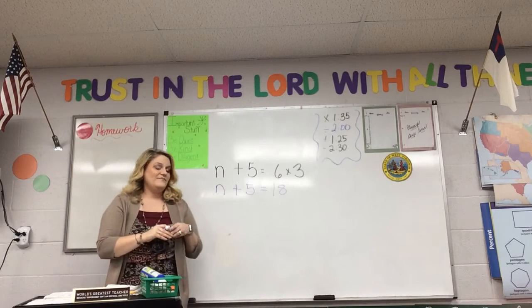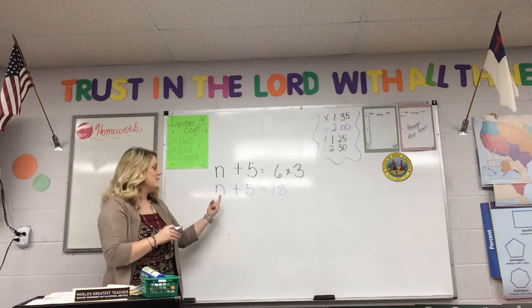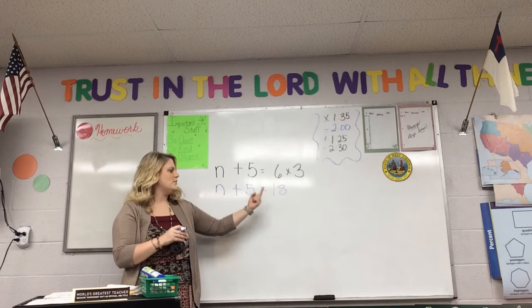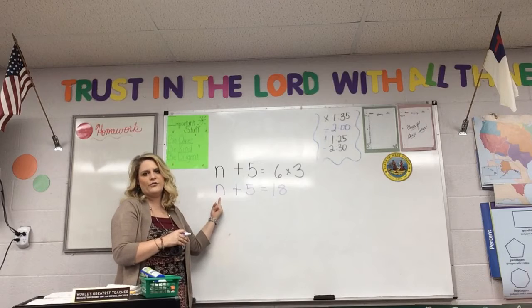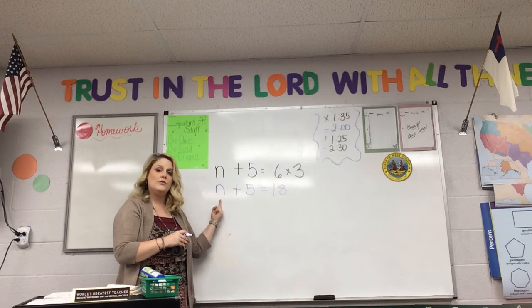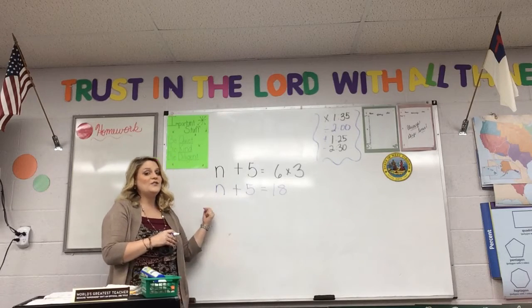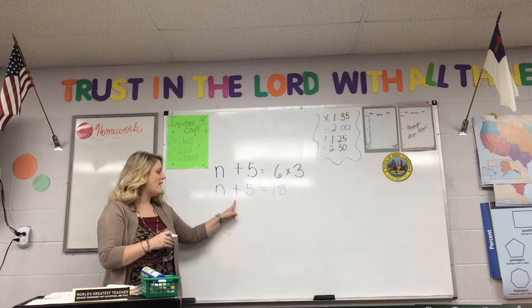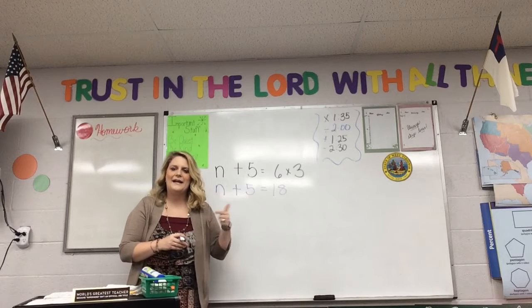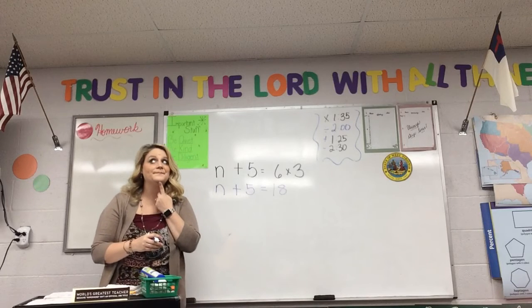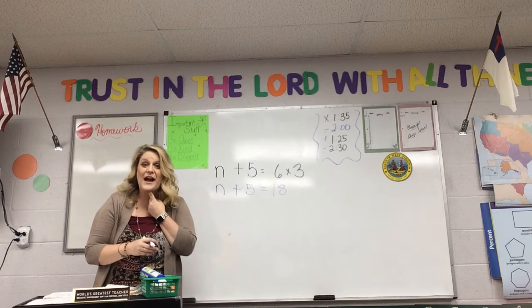Now, we've got n plus 5 equals 18. But remember, we want to get this n all by itself. We want to know what n is equal to. So what I need to do next is get rid of this 5 here. If I'm adding 5, what is the opposite of adding 5? Subtracting 5.